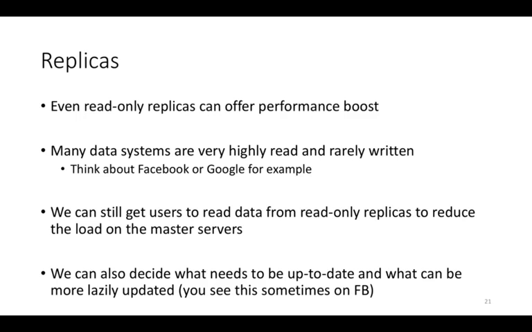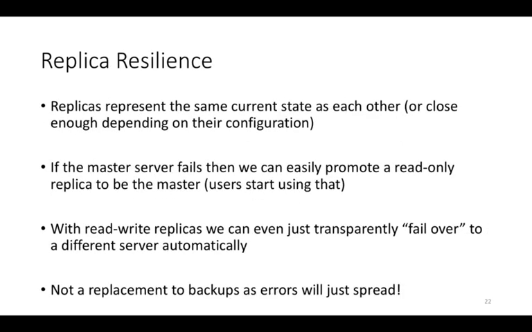Right. So replicas are quite important, and they are a way of having data stored in different places at a different time. And replicas offer a potential for resilience because they represent the same state as each other, or at least they should, unless anything crashes. If the master server fails, we can just promote one of the other servers and say, okay, you've got an up-to-date version of the data, you are now the master, you now push out the changes.